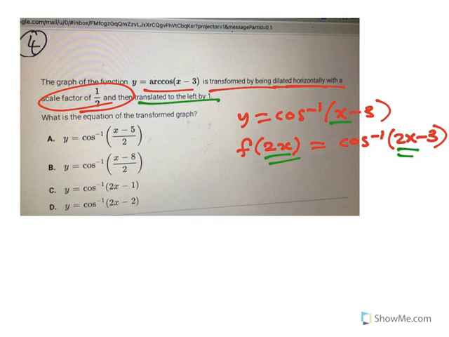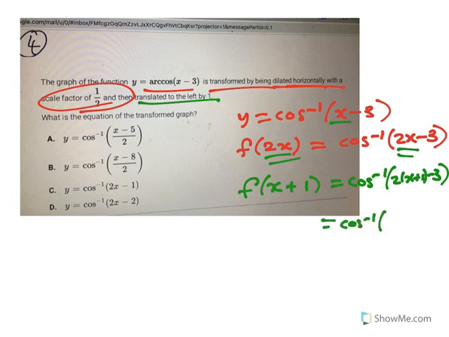And then we want it translated to the left by 1. So to the left, it's going to be f of x plus 1. So that's cos the minus 1 of 2 times x plus 1, minus 3, which is cos the minus 1 of 2x plus 2 minus 3, which is cos the minus 1 of 2x minus 1. And that's it.